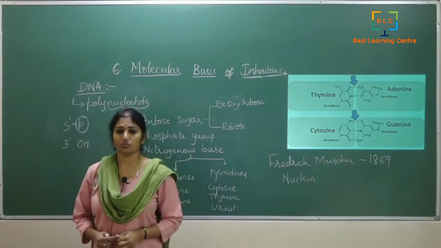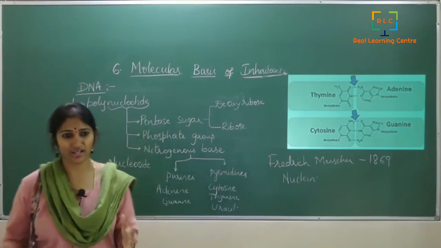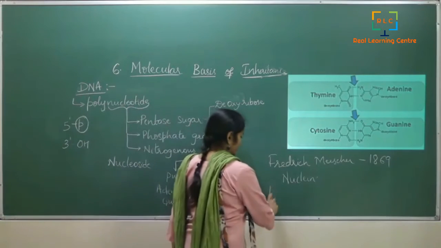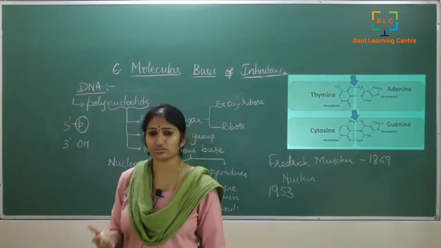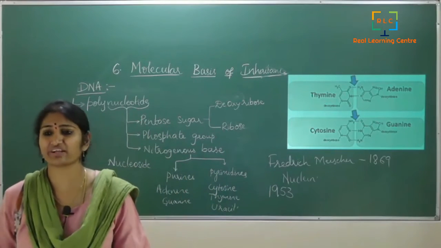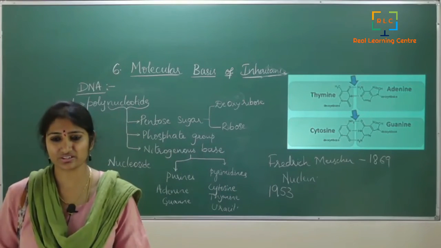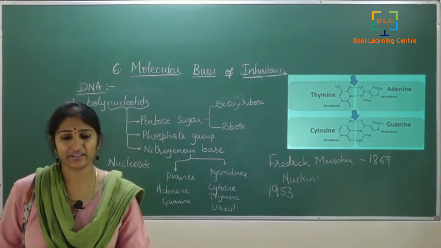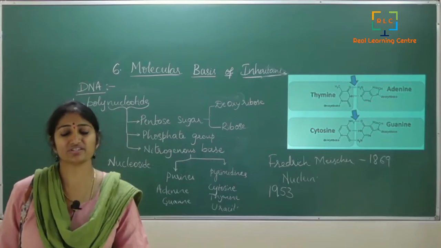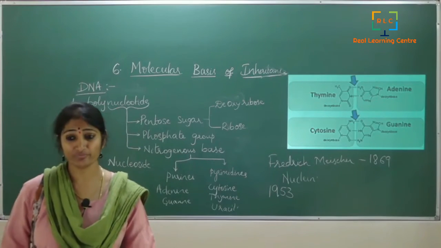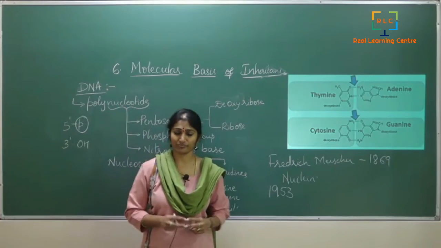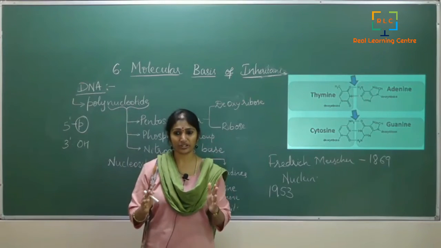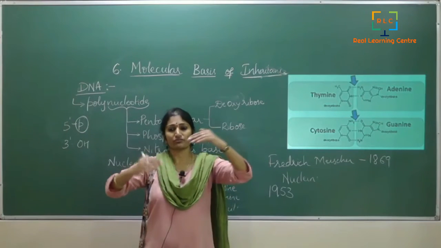Once they studied that structure in the year 1953, through X-ray diffraction studies, crystallization studies and many others, they found out that DNA is not a single polynucleotide chain, but it has two polynucleotide chains, and these two polynucleotide chains are spiraling.